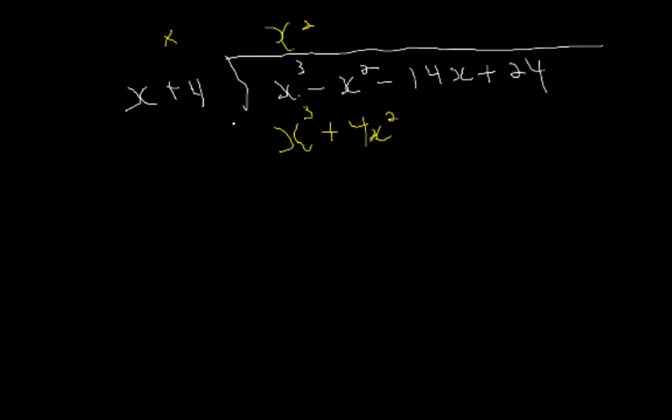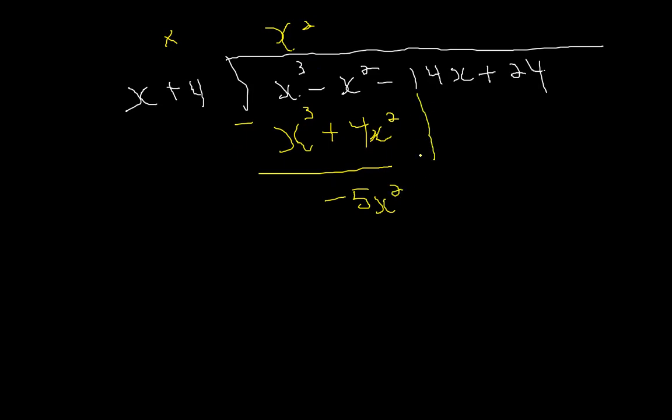Remember, we always subtract the terms. So x cubed minus x cubed, that's going to give me 0. You don't have to put the 0. If you want to, you could write it, right? And then minus x squared minus 4x squared, that's going to give me minus 5x squared.